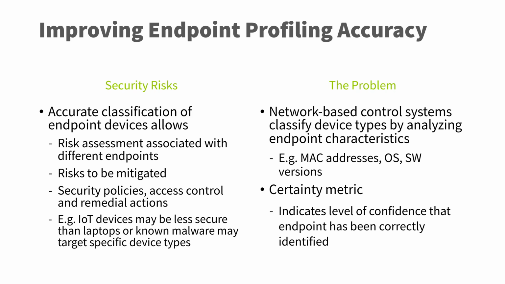And that can often cause major business problems, because the users might need to have that device access part of your network. And as a security professional, you're very concerned about exposing those parts of your network. So what if we can get that certainty metric up much higher, give you a much higher confidence level that you've profiled that device correctly?